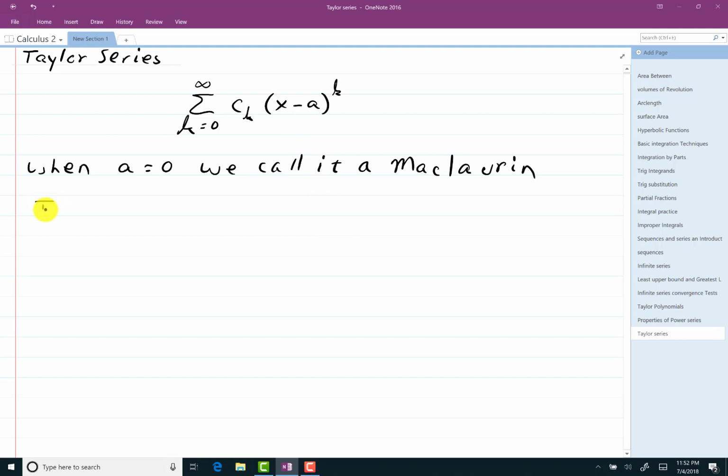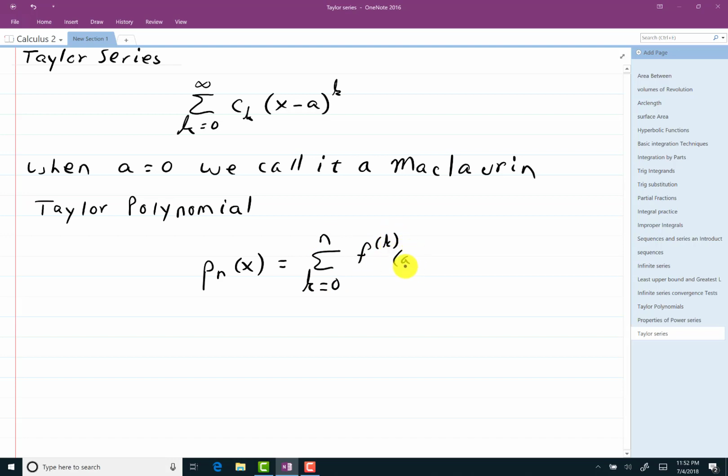A Taylor polynomial, those are the ones that went p sub n of x equals the sum k equals 0 to n, and then you had f, the kth derivative evaluated at a, over k factorial times (x minus a) to the k.